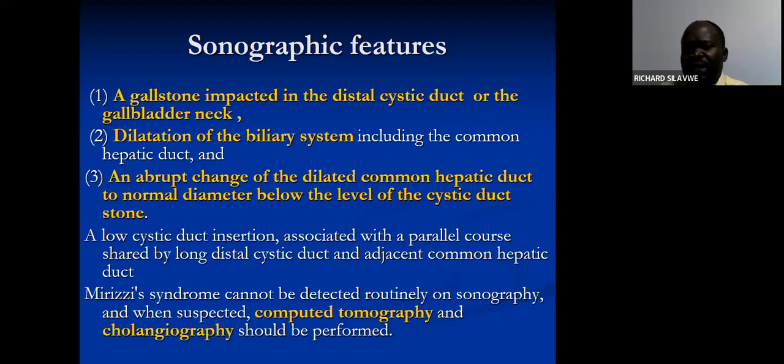So if we are suspecting that there could be an obstruction at the cystic duct, we should be able to write in our report the recommendation. You just recommend CT scan, and then the stone will be detected by computed tomography, which is the CT scan.